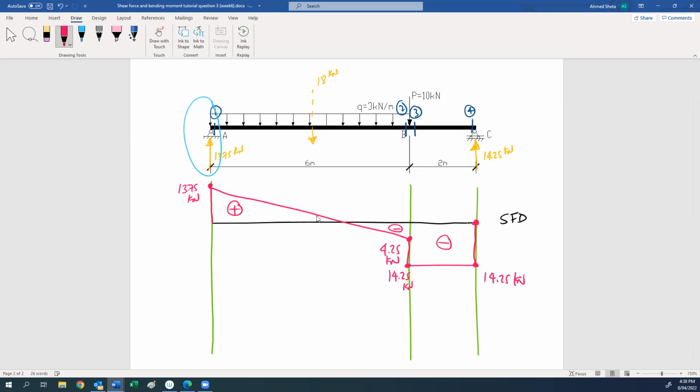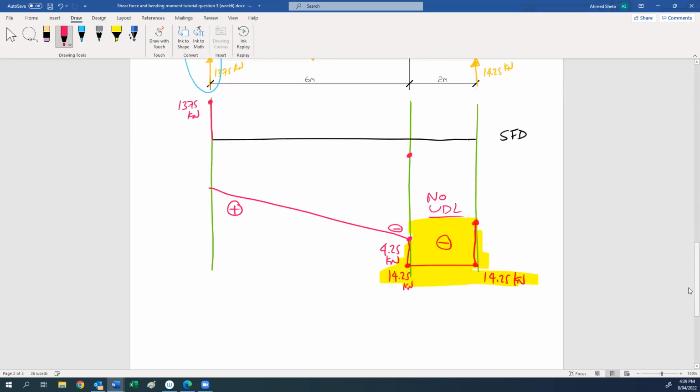This part is negative because it is below datum. Any problem with the shear force diagram? If you compare the shear force diagram in this example and the previous example, the only different part is this part, because there is no uniform distributed load. In this part, the shear is a straight line, not an inclined line.